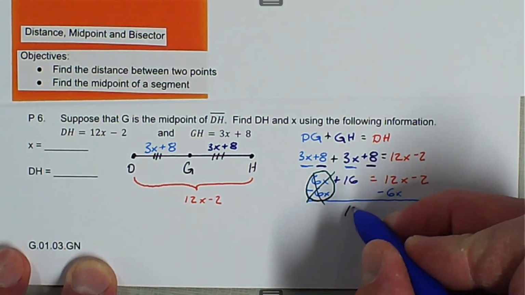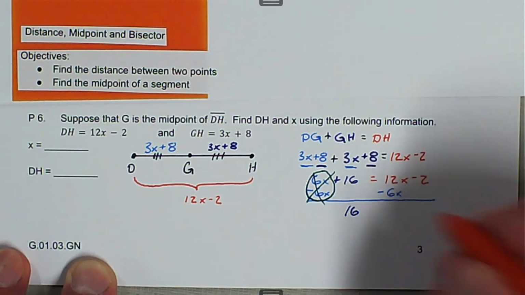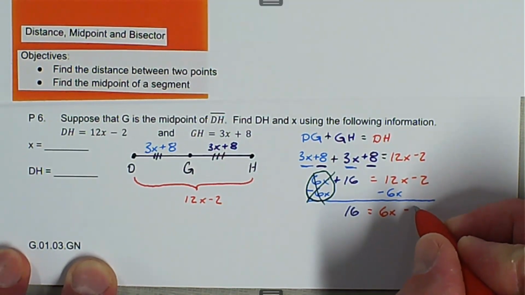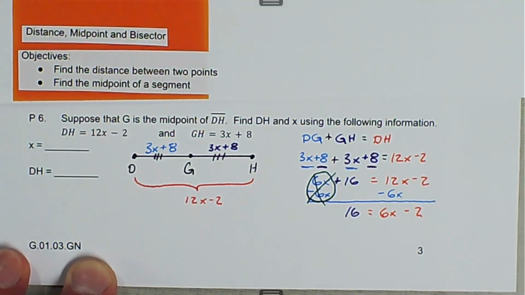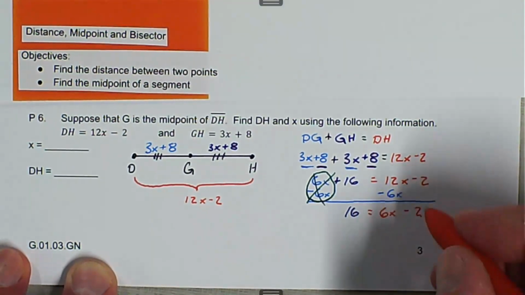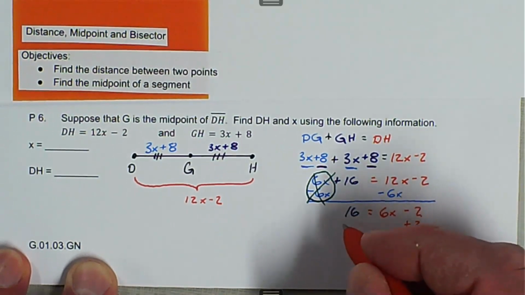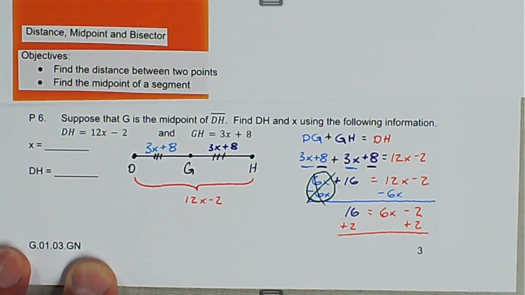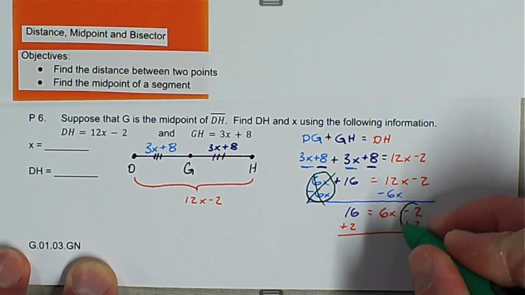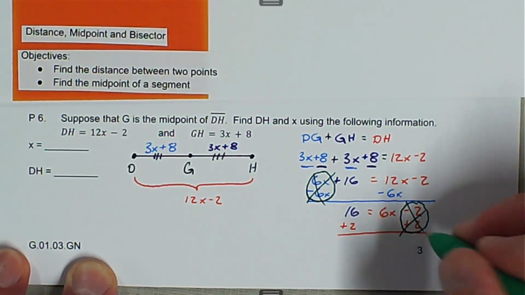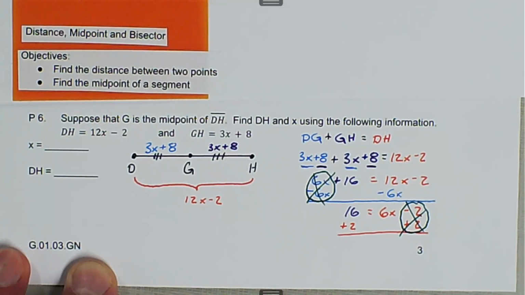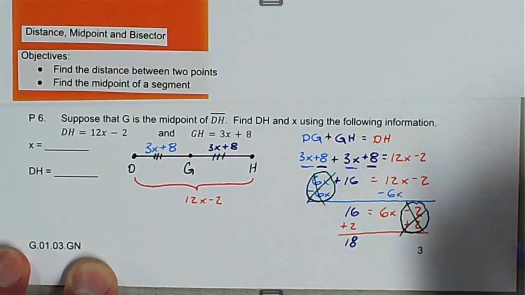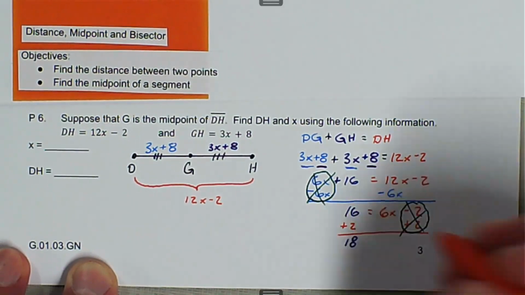So we're left with 16 is equal to 6x minus 2. We want to get everything away from the x, so we're going to add 2 to both sides of the equation. We want to get rid of this negative 2 right here. Then we're left with 18 is equal to 6x.